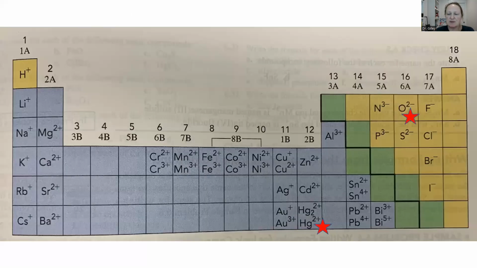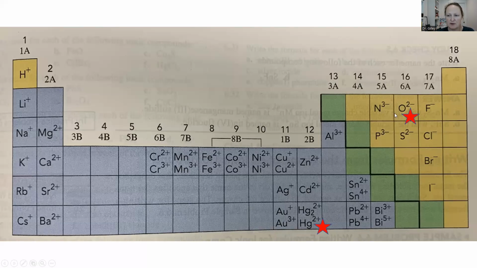All right, so we saw Hg2O was the formula that it gave us. So if we start with the anion, we know that O2 minus, which is called oxide, is what the anion is.